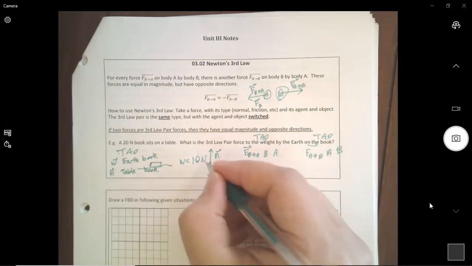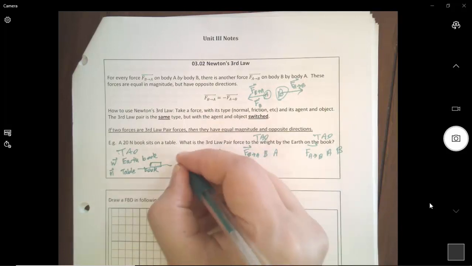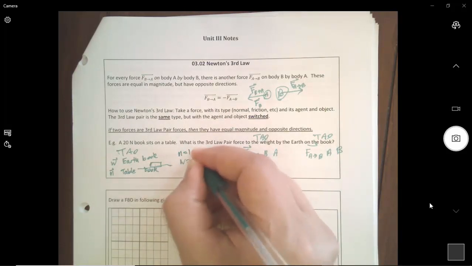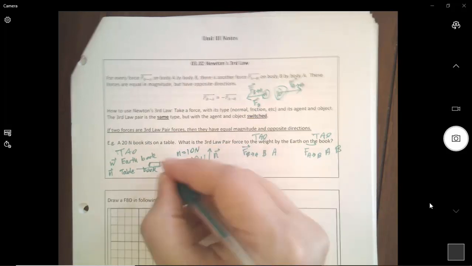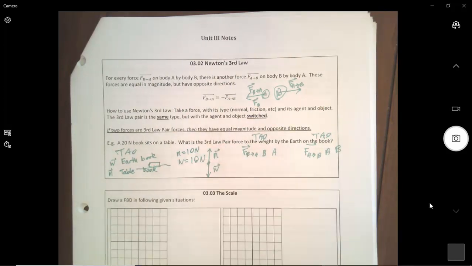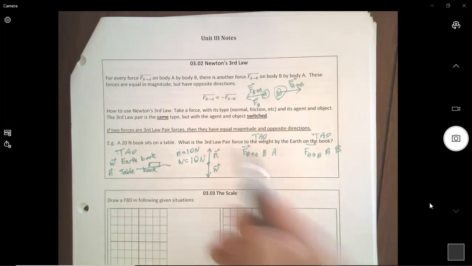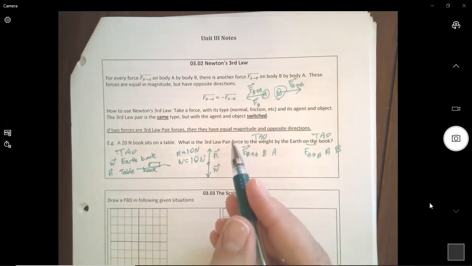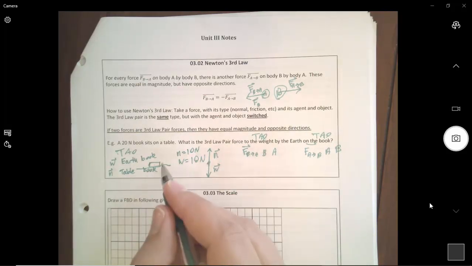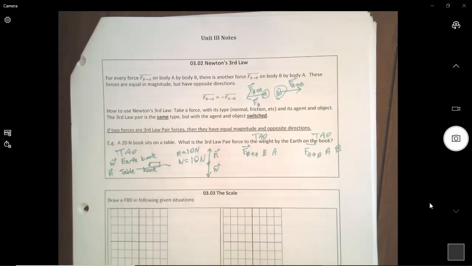So if the weight is 10 newtons, then we know in this case the normal force would also be 10 newtons because the book is just sitting on the table. But these are not Newton's third law pairs, right?